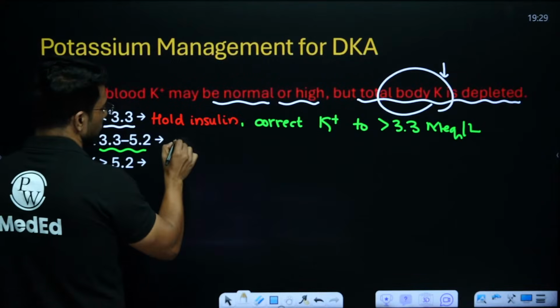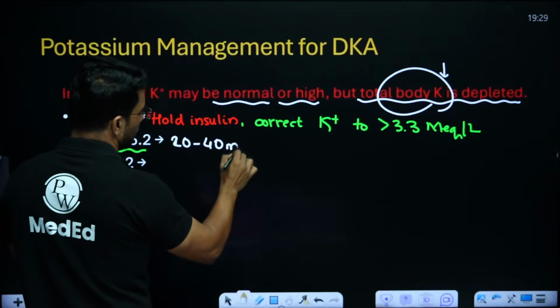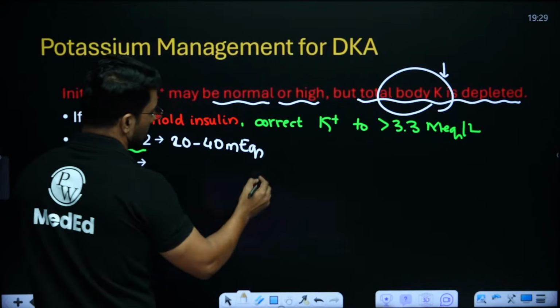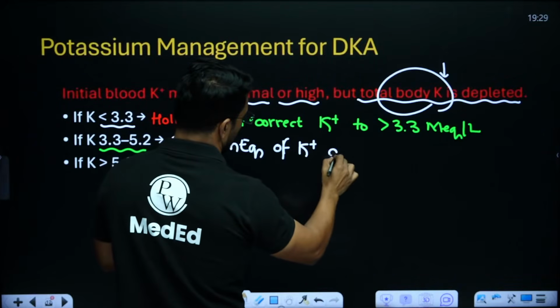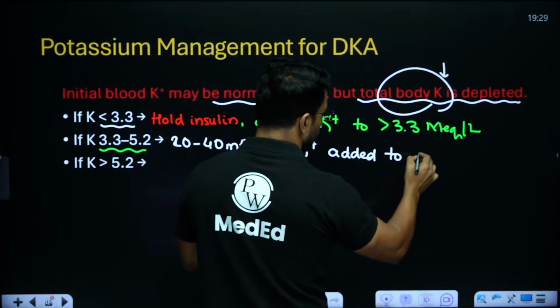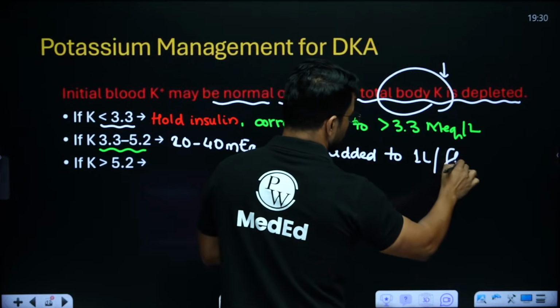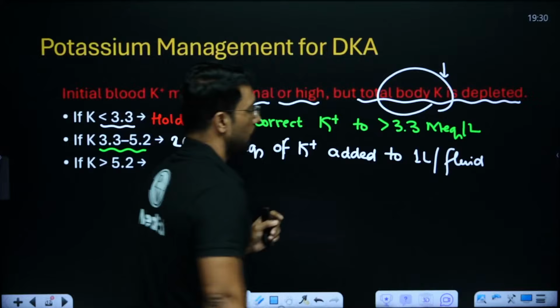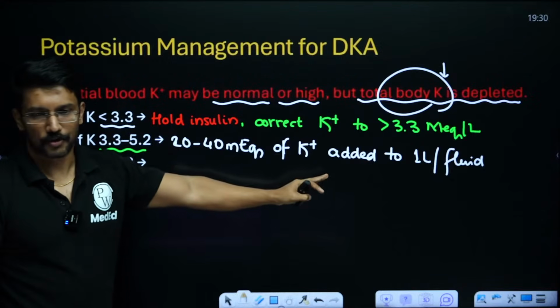So how much will we give? Generally 20 to 40 milliequivalents of potassium added per liter of fluid. So for every 1 liter of fluid, we are going to add 20 to 40 milliequivalents of potassium.